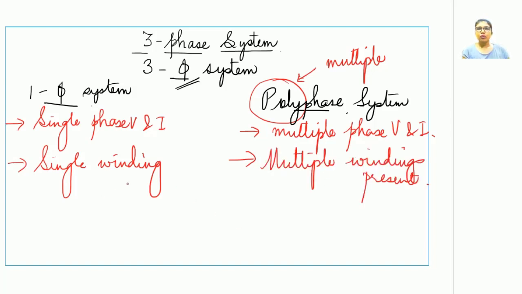Now we have studied all about the single-phase system. So for a single-phase system, as there is a presence of a single winding, how is the supply being represented? Usually in these single phases or multiple phases, we will be having the voltage as the supply. So how is that voltage being represented for a single-phase system?